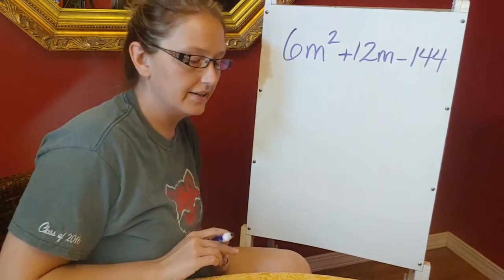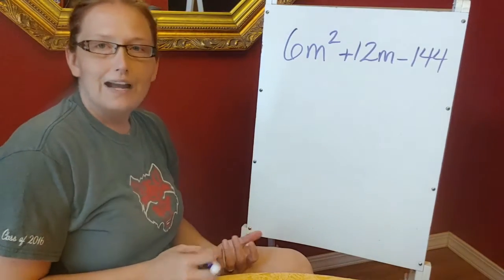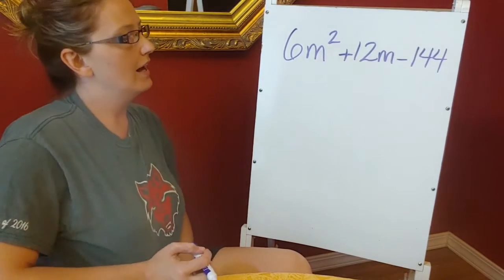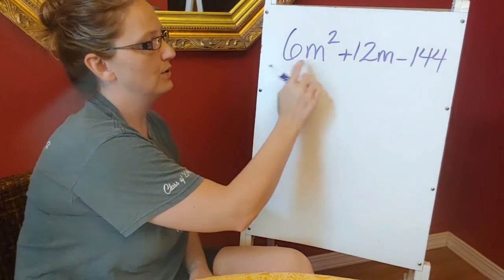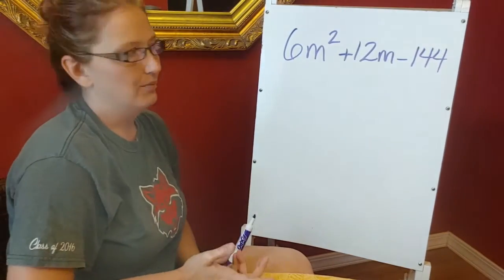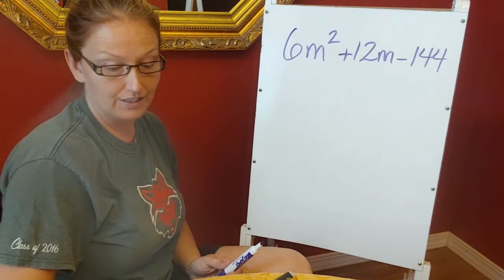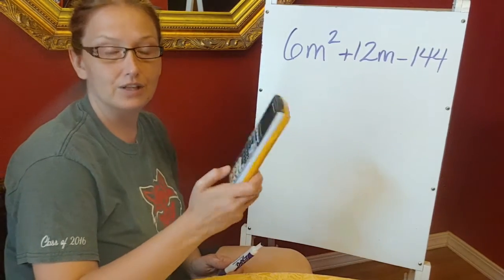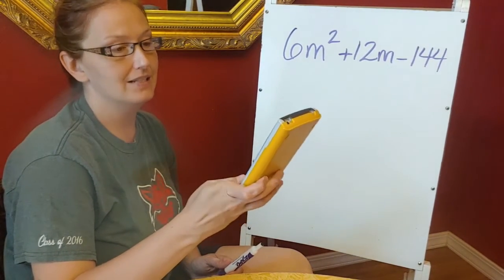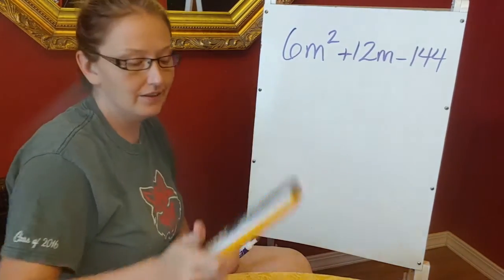All right, let's look at another example. I'm still factoring out my greatest common factor. I know that 6 will go into both 6 and 12, but I might not be sure right off the top of my head if it can go into 144. So I'm going to do 144 divided by 6 and see if it'll go in, and it will.